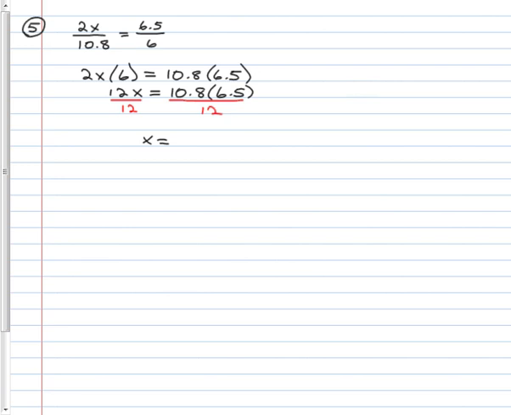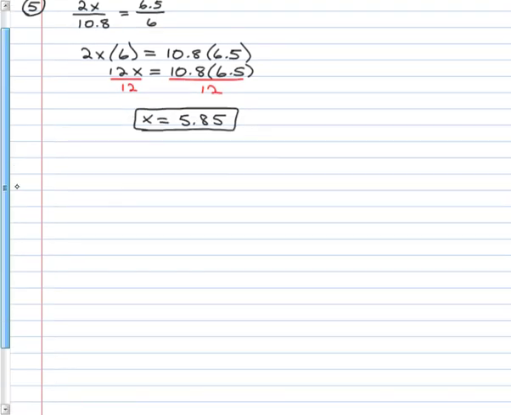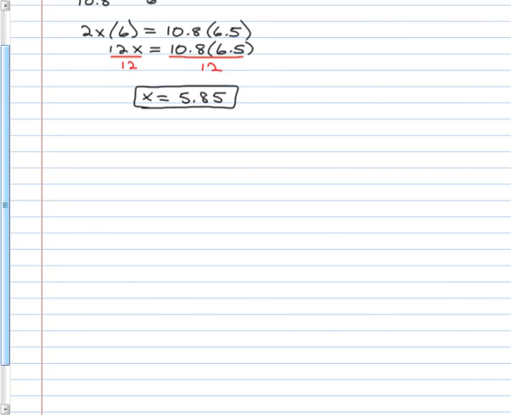So let's see, 10.8 times 6.5 divided by our 12, 5.85. X must be 5.85. If you're following along with your calculators, you can either get the answer before I do, or verify my answer, or say, wait a minute, that's not the right number. Well, 5.85 is on this one, thankfully.